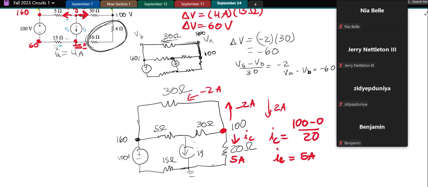So can y'all tell me what the current needs to be in this branch right here? If I have 2 amps coming in here and 5 amps going out there, what would the current need to be in this 30 ohm resistor?